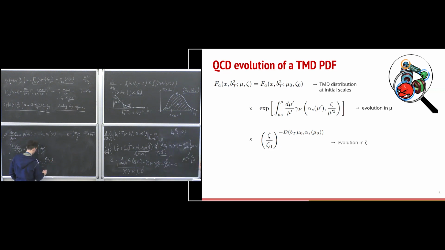Exactly, b0 times the log of mu 0. But I think it's mu squared and mu 0 squared.